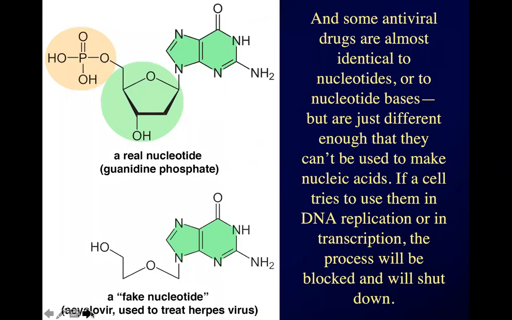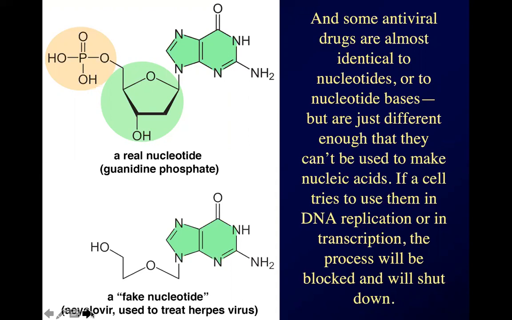The last thing I'll mention, because it ties in with all this stuff about DNA and RNA that we've talked about, is that there are cutting-edge antiviral drugs that look like nucleotides, but are just different enough that they can't be used to make nucleic acids.